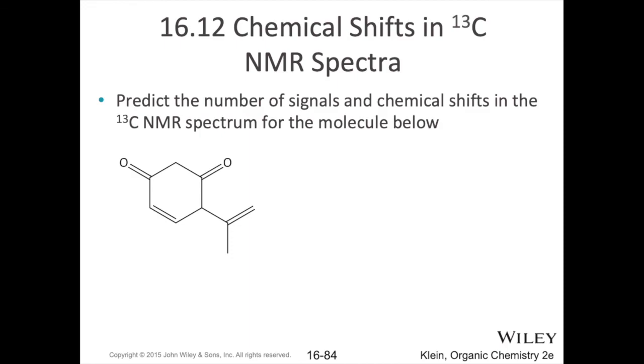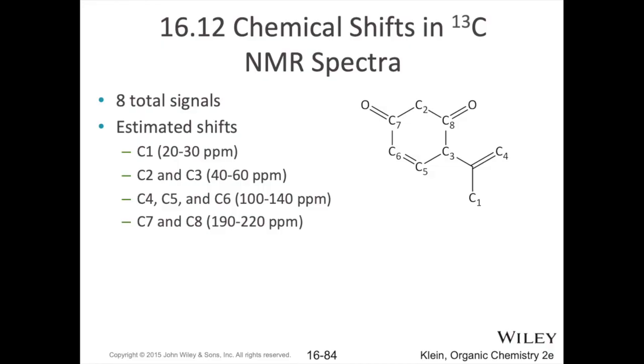Okay, so hopefully you've figured out that we've got 6 carbons in this ring, plus another 3 carbons over here. So that's 9 carbons to account for in total. Let's look for the corresponding chemical shifts. Each of these carbons is going to be unique.